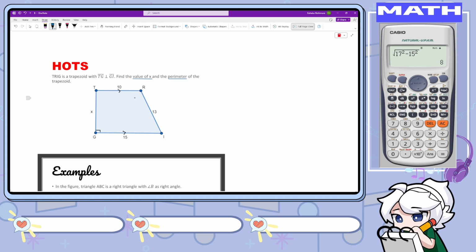Perimeter is just the sum of the sides, but I want you to think of it this way, wherein you can actually draw a line here that is also perpendicular to this one. If you do so, you can apply the property of a rectangle wherein opposite sides are congruent. Thus, this also has a measure of x.